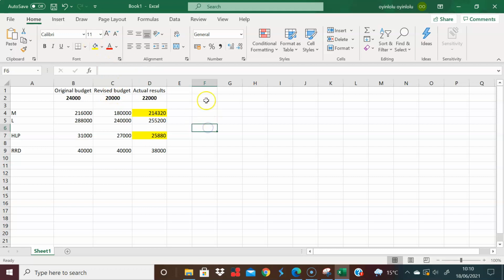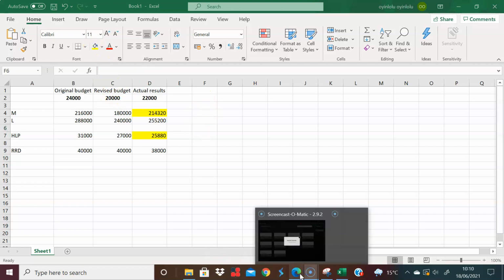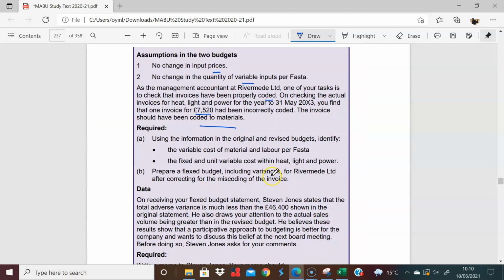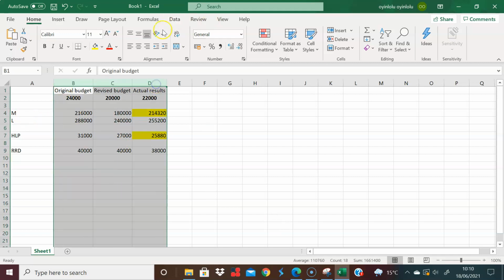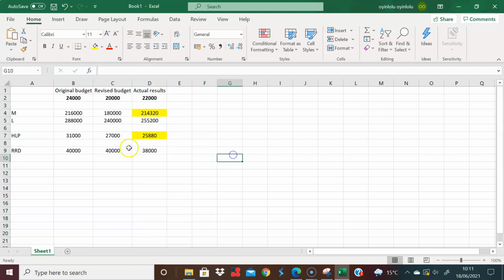So if we go to the question, it then says that what they want us to do is to use the information and identify, using the original and revised budgets, the variable cost of material and labor. So that's quite nice. We know that these are variable, so we know to a certain extent that variable costs are the same with every unit.